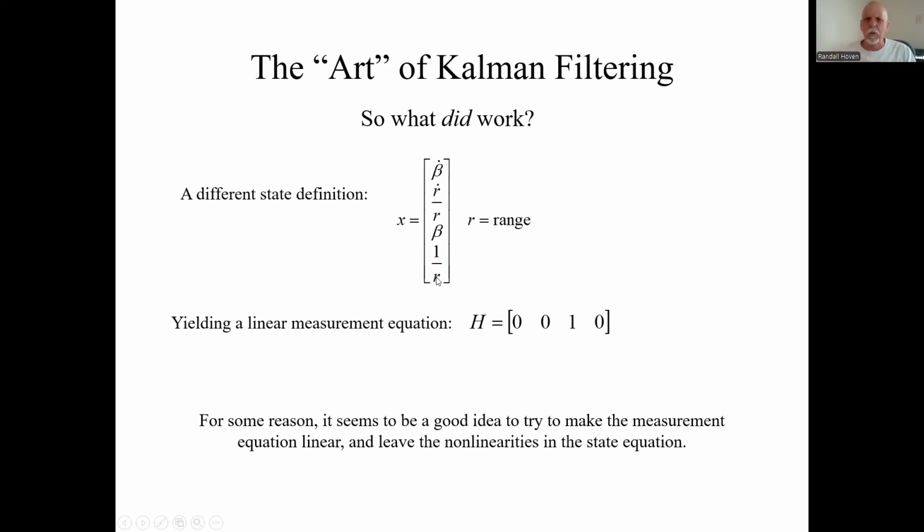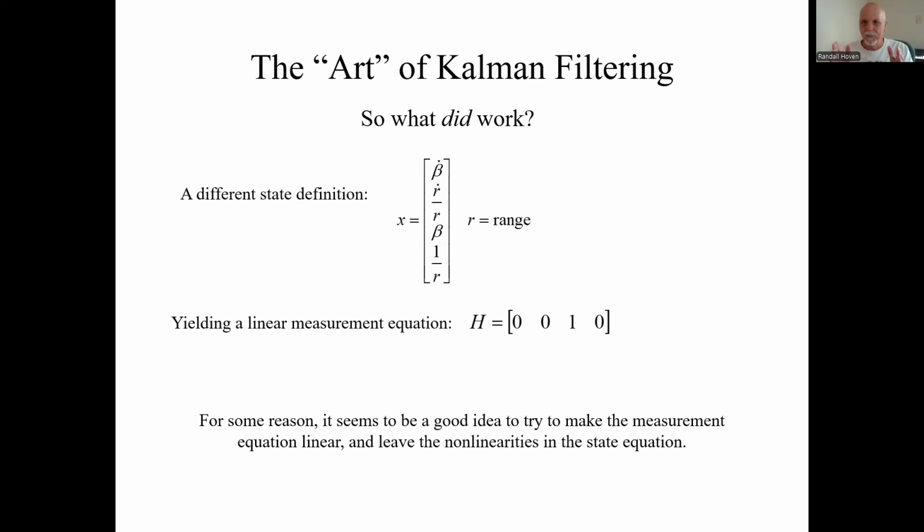Nonlinear as heck and very weird state variables, I think. But then you can make the measurement model linear. It was just this: that beta is the thing you measure. So this H is just this nice linear matrix. And that worked okay.